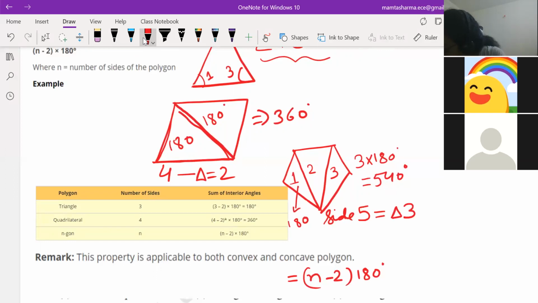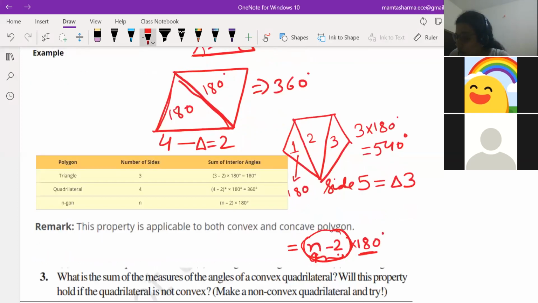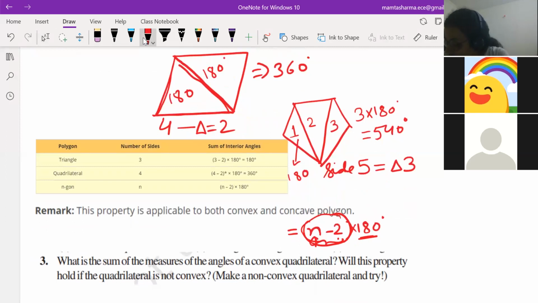So the number of triangles is always 2 less than the number of sides. That's why I have subtracted 2 here. Whatever the number of sides, subtract 2, that will be the number of triangles, and multiply this by 180. You will get the angle sum of the interior angles. Is it clear how this formula came?